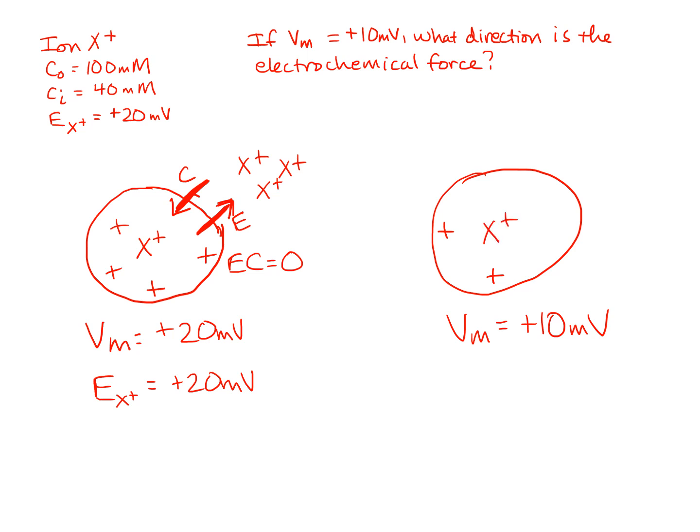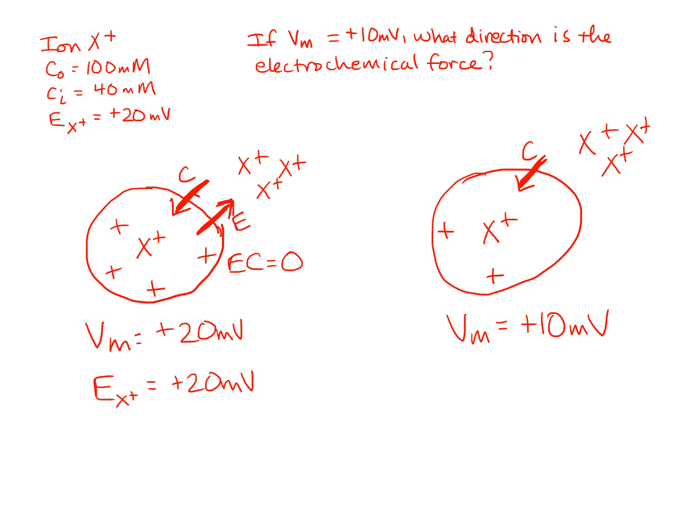We haven't changed the amount of the ions, so the concentration gradient is the same. So we're not going to change our chemical driving force, so that thickness will stay the same. But we have changed the amount of charges on the membrane potential, so our electrical driving force will change.